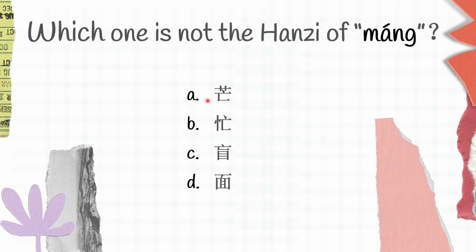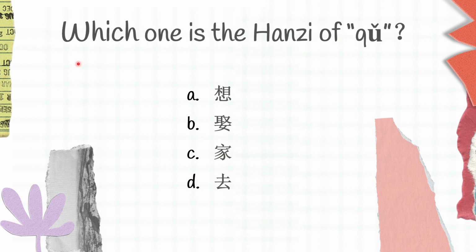A is mang from 芒果. B is mang. C is also mang. D is 面. So the one that isn't the hanzi of mang is D, because D is 面.